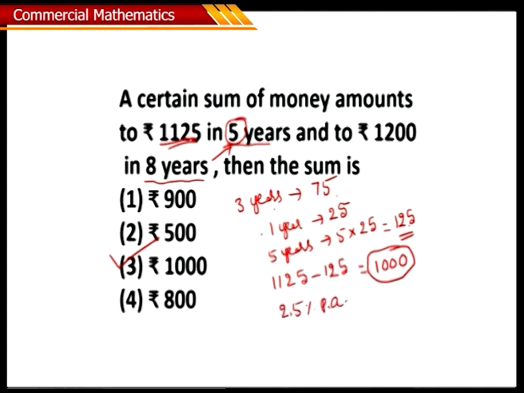So in 5 years you are getting 5 into 25, 125 rupees, and in 8 years you are getting 200 rupees interest. Okay, so we have seen how to calculate problems related to simple interest. We have seen profit and loss problems, simple interest, and percentages also. Now how do we go for the other problems? Let us see.